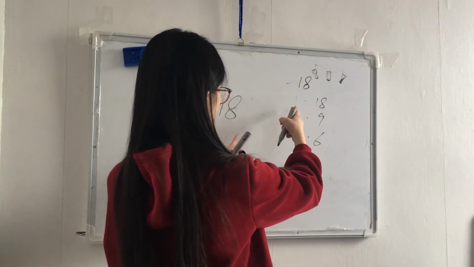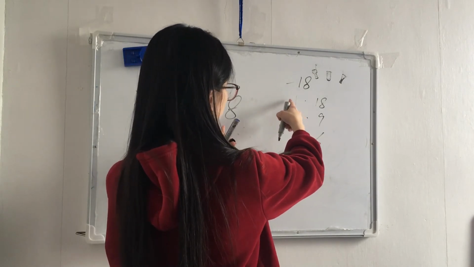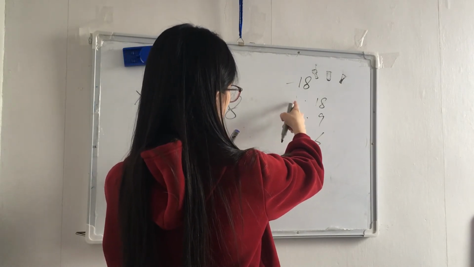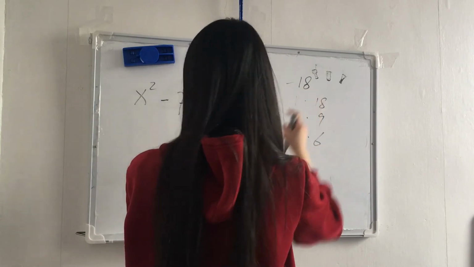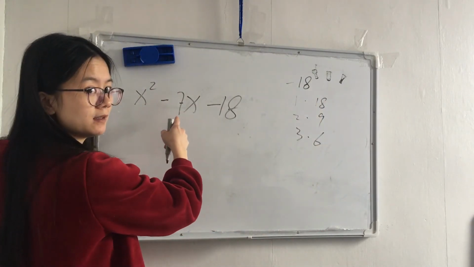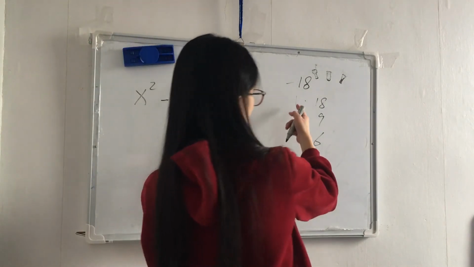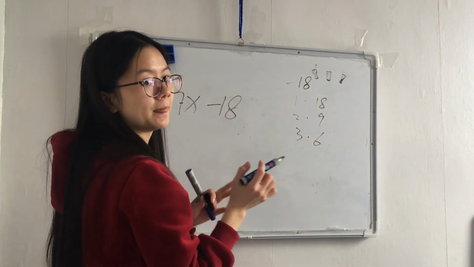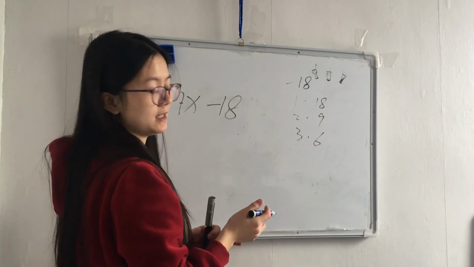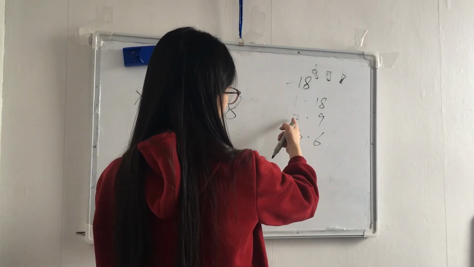We try this. If I have a negative 1 here, negative 1 plus 18 gives us negative 7? No, because negative 1 plus 18 is a positive 17, right?